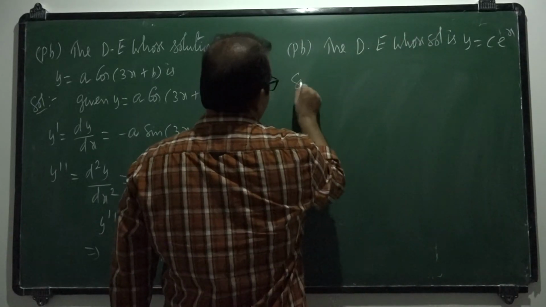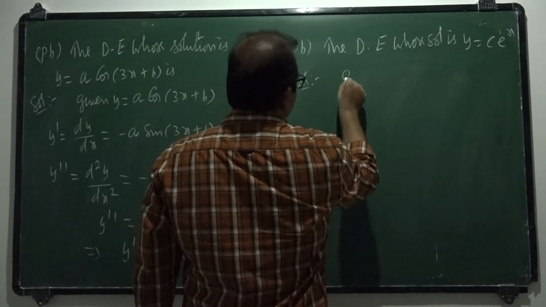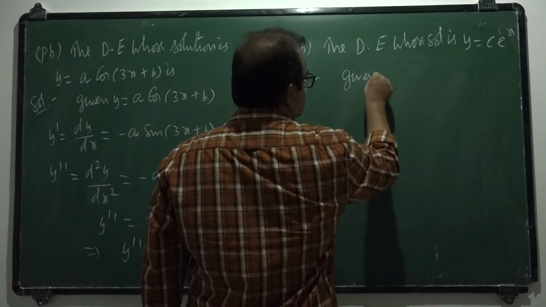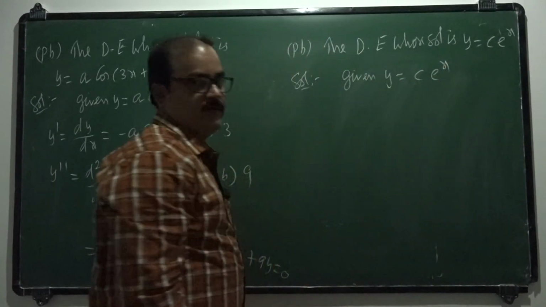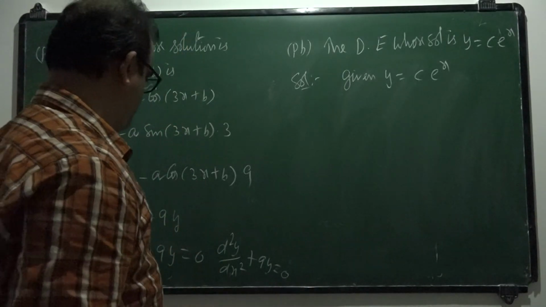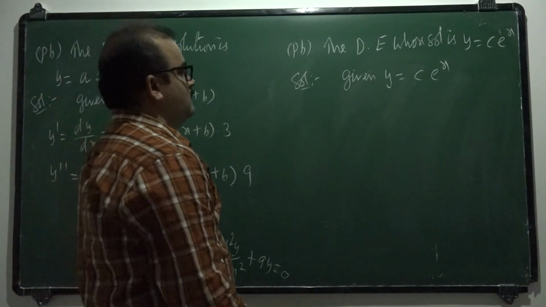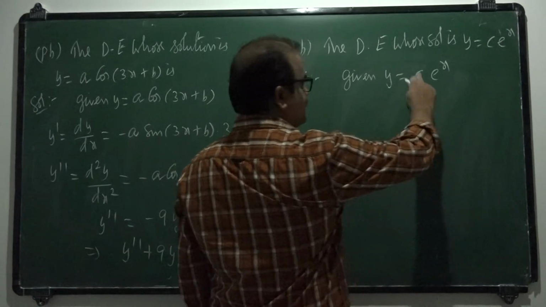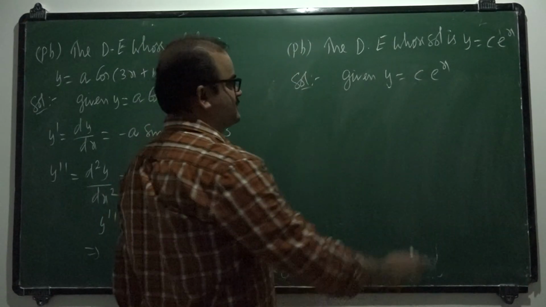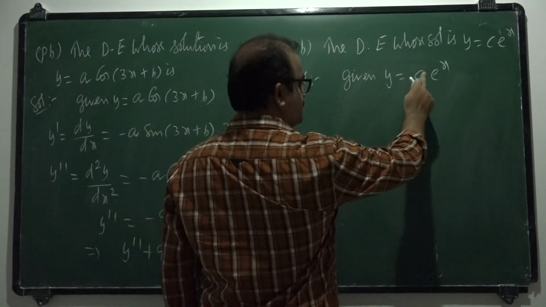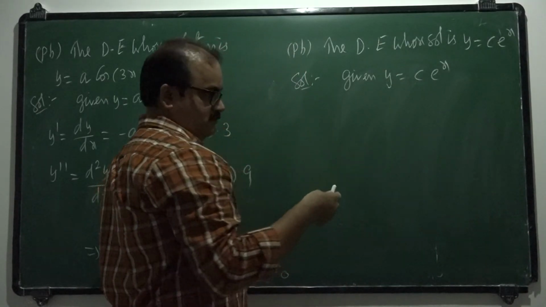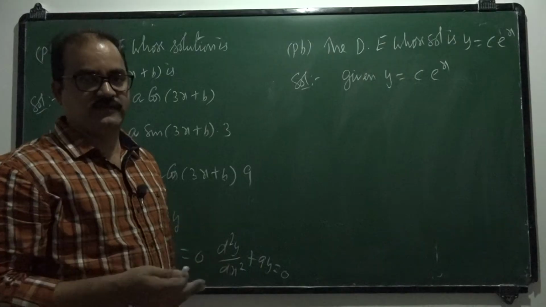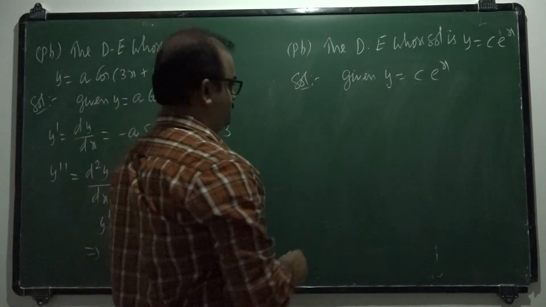See here, what is the given equation? Y is equal to c into e power x. This equation contains how many arbitrary constants? 1, that is c. C is the constant. So we get a differential equation of order 1.